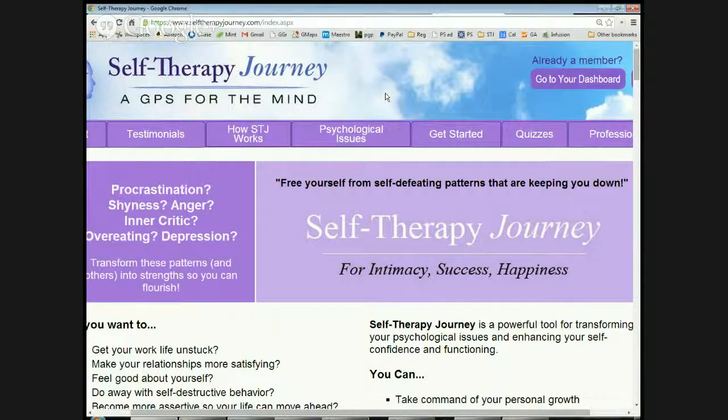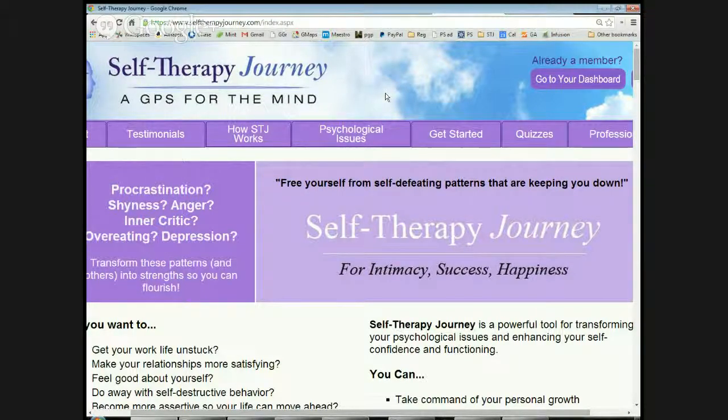Way less expensive. It's only $25 a month. You can take quizzes to learn what issues you might have that you might want to work on. It keeps track of all your work and creates reports for you, and you can print them out. You can do it on your own or as an adjunct to therapy that you're in, and you can use it to develop a complete psychological profile of yourself.